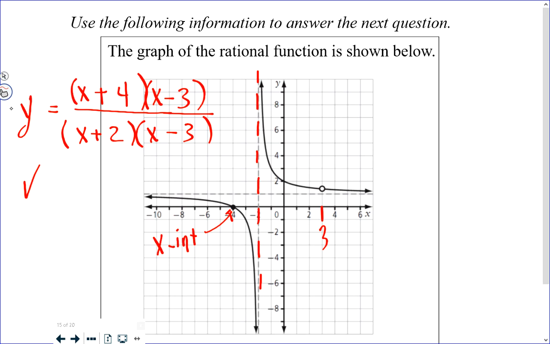When you have a factor in the numerator but not the denominator, that will show it to you on the graph as an x-intercept. So factor in both is a hole, factor in the bottom is a vertical asymptote, factor in the top is an x-intercept.